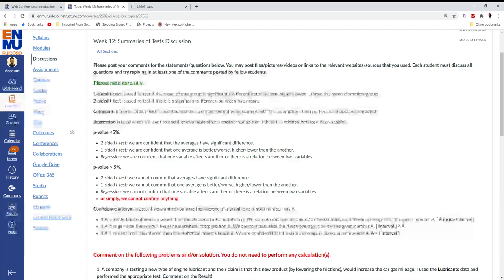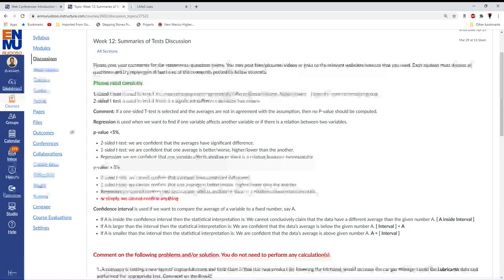Here you need to realize that a one-sided t-test means you are pointing towards one direction. Furthermore, if you use a one-sided t-test, we should make sure that the averages are in agreement with the statement that has been claimed.